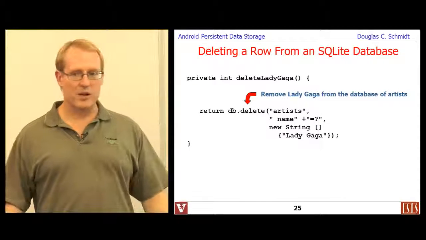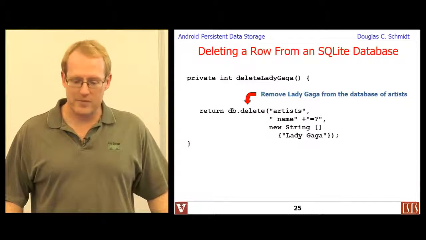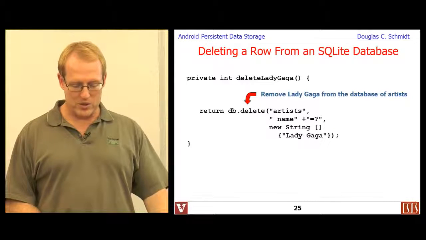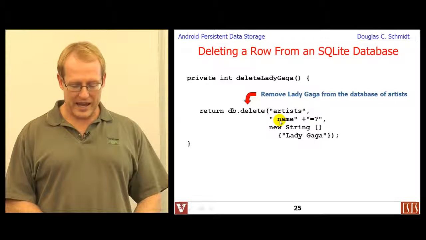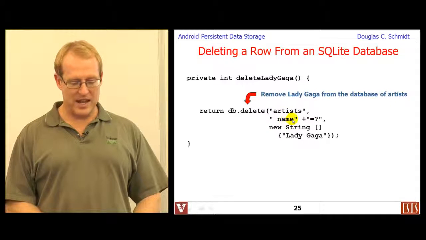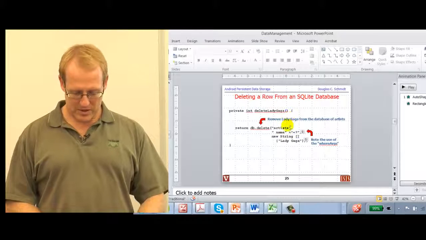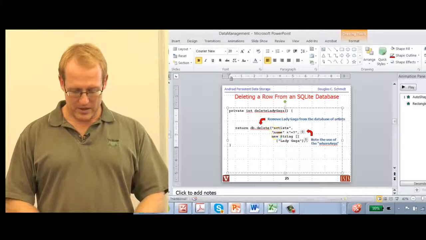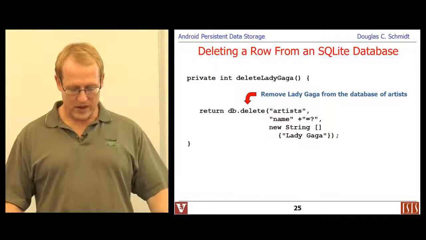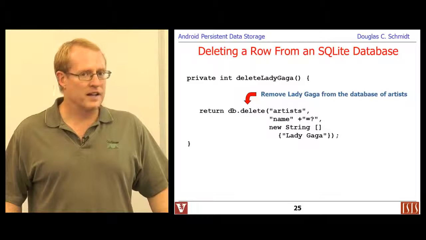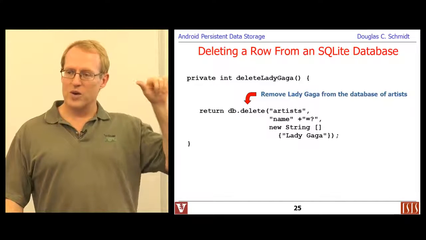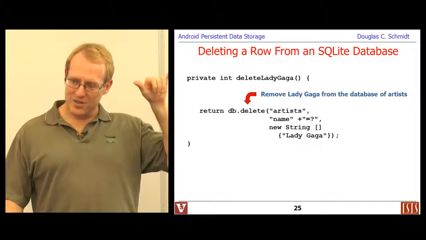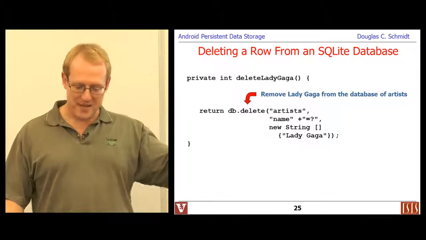So here's an example of how we might do this. We're going to delete Lady Gaga, and what we're going to do is say, I want you to go to the artist database here, and I want you to find anything that has the name. Oops, I think this got a little bit too funky. You go ahead and say, I want to delete a row which has the column value name as the key.